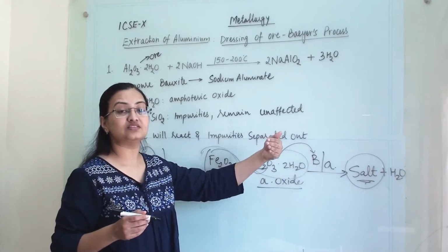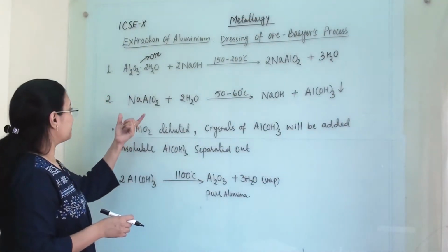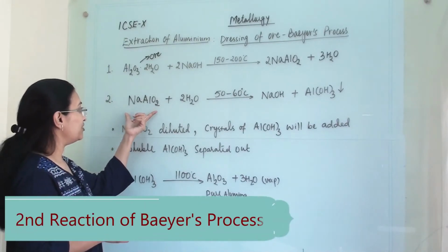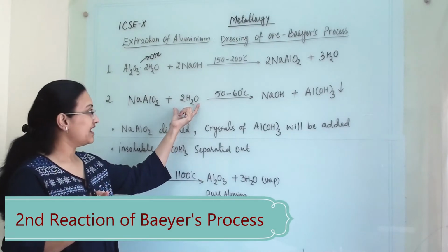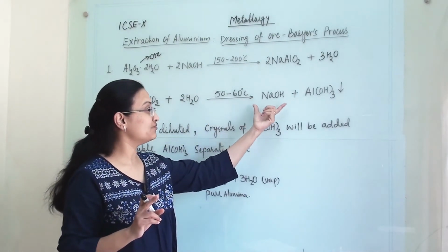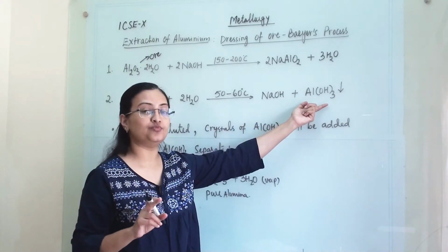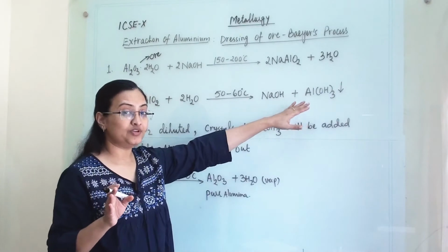Now moving towards our second step, in which we dilute this sodium aluminate with water and heat it at 50 to 60 degrees Celsius, and we will get insoluble aluminium hydroxide. So how are we separating the insoluble aluminium hydroxide?